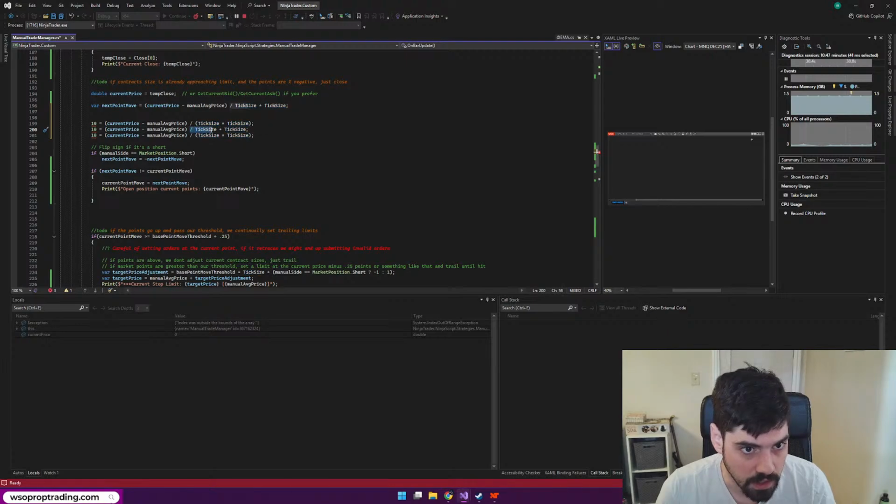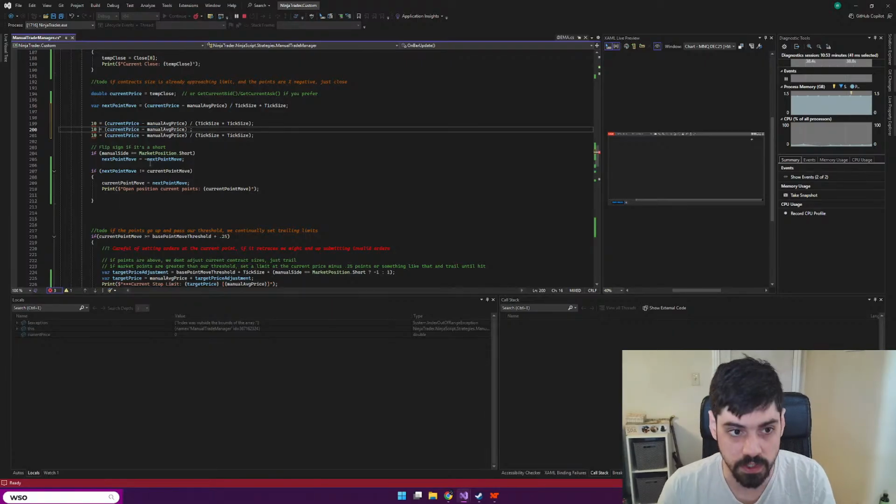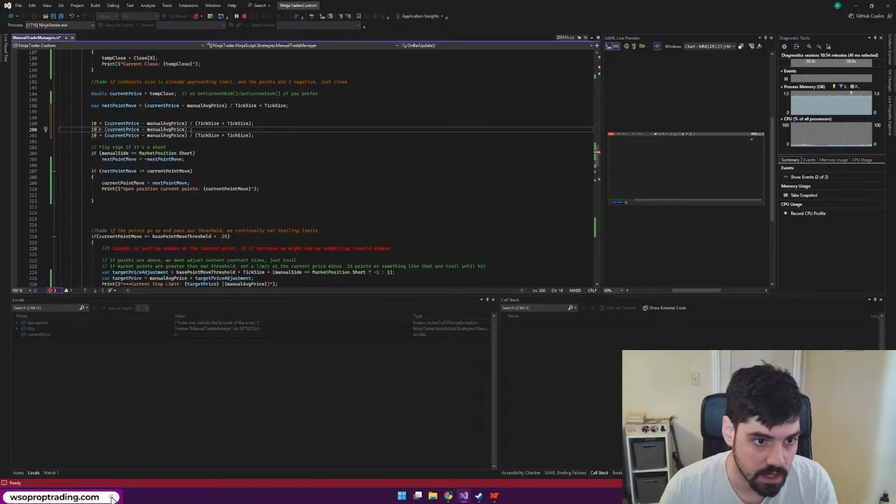And then you divide and multiply by tick size on the other side. So it would look like this. And then those would go away, right? That's what ChatGPT was saying. And then you get 10 plus the manual average price equals the current price.